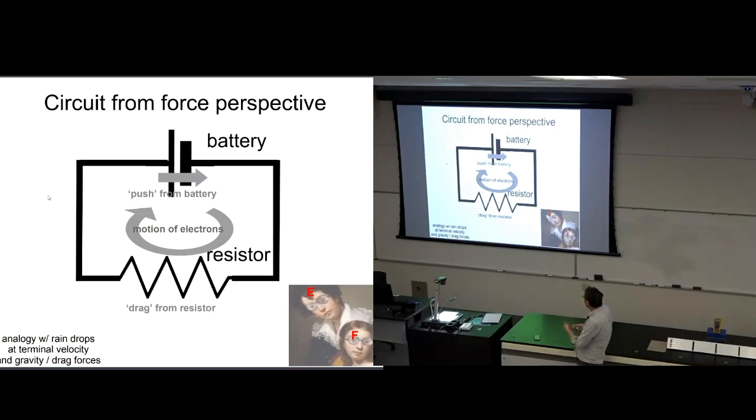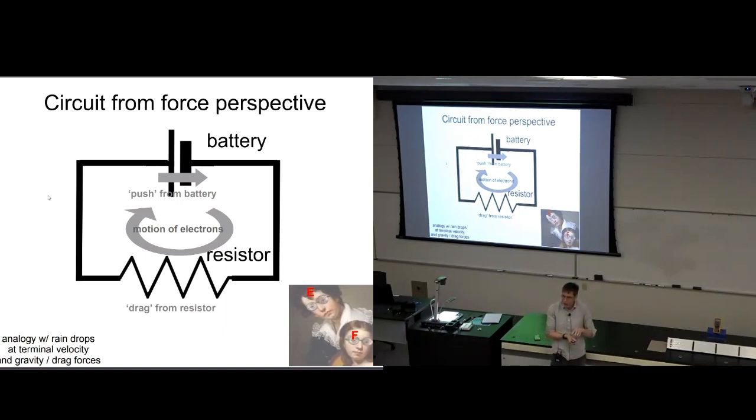And one way you can think about an electrical circuit is in terms of our force perspective that we were talking about in the context of electrical forces and so forth. So in that context, the battery is kind of pushing, shoving the electrons around the circuit, around the wires, through the resistor and back to the battery. So it's kind of pushing them or kicking them or whatever.